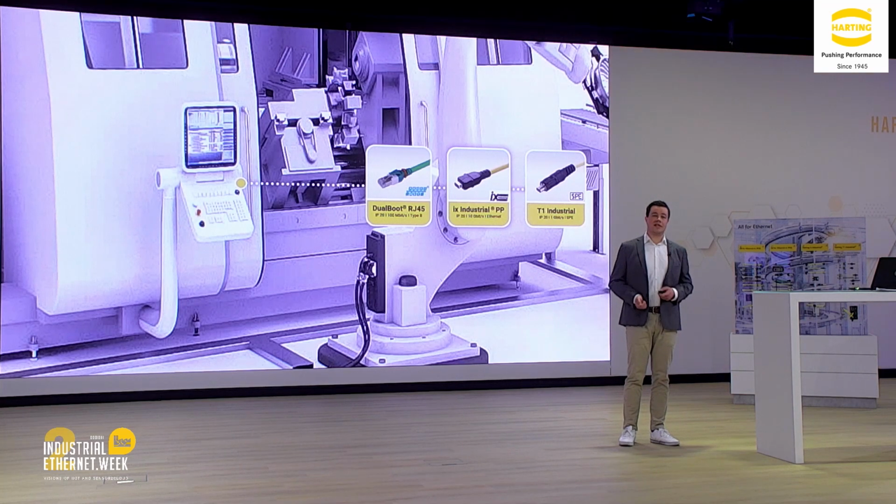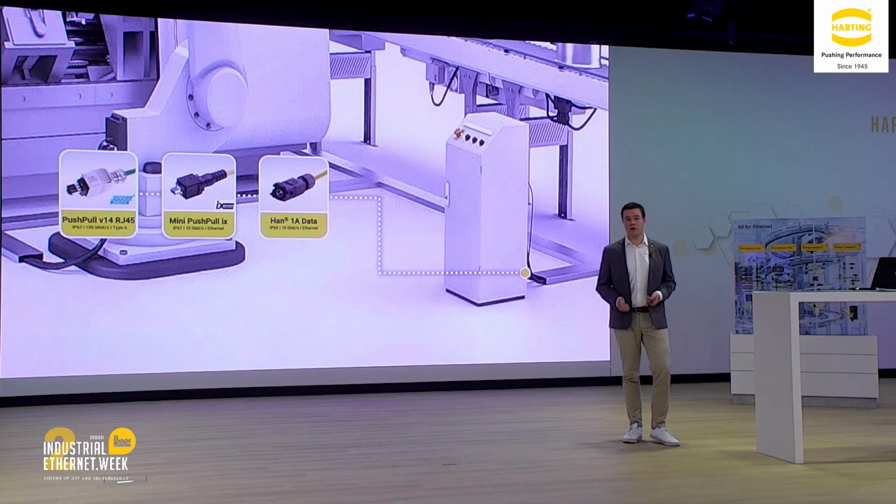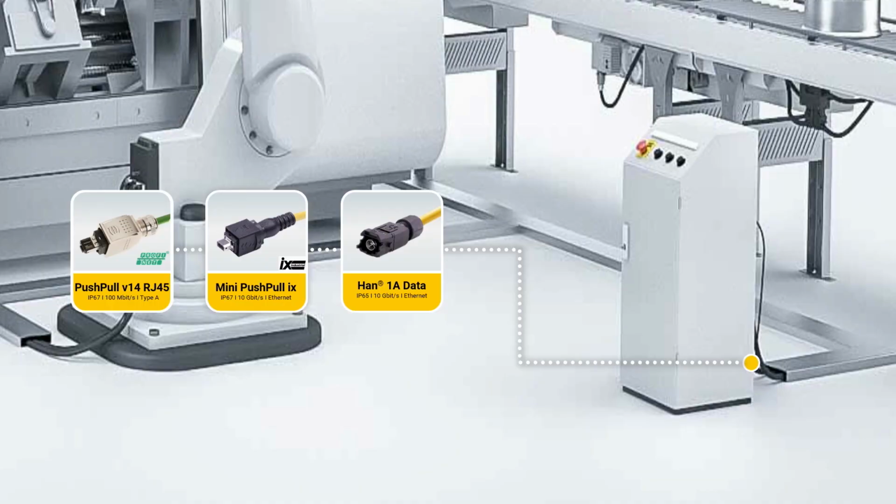But you don't have only the IP20 area, you also have different cabinets in the field where IP65, 67 may be needed. If you don't want to go with your complete cable assembly into this separate box or switch cabinet, you also have the possibility to create a pluggable interface and have a connection only for this switch cabinet.